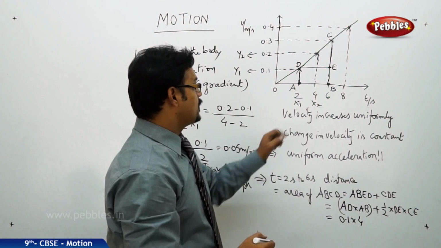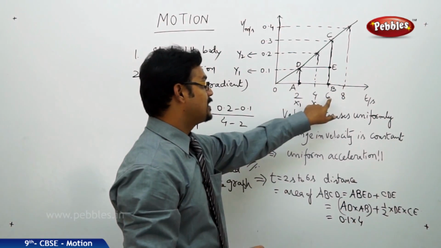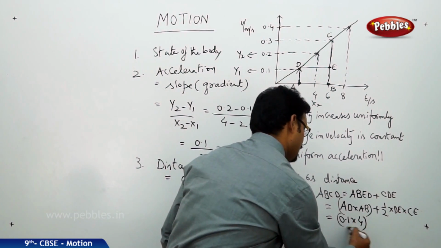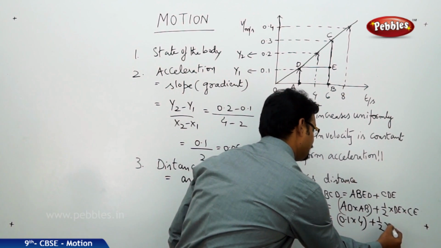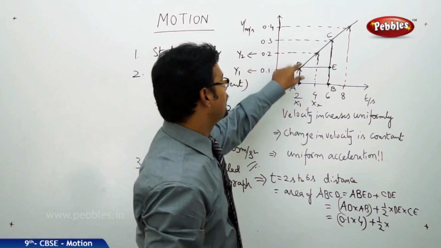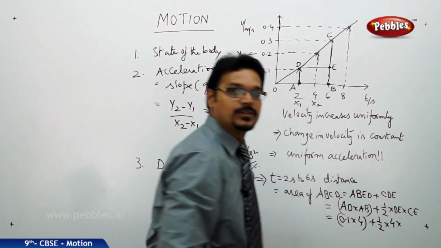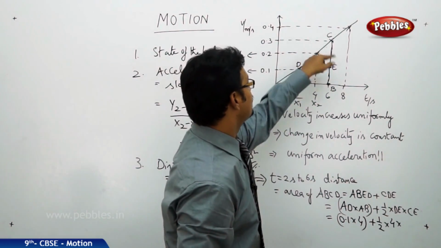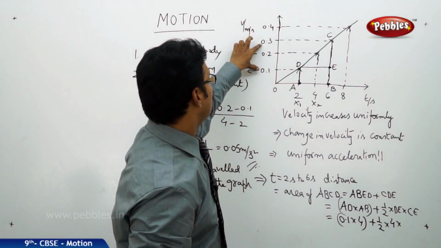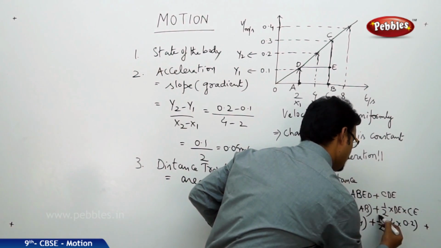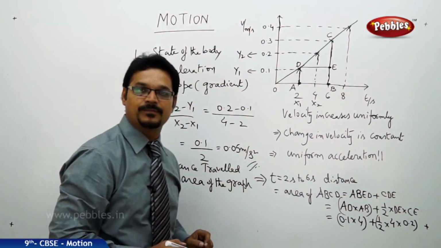Guys, remember, take the difference 6 minus 2, don't say 6. Plus half into DE, 6 minus 2 again, 4, into CE, 0.3 minus 0.1, so this is 0.2. This is the calculation.